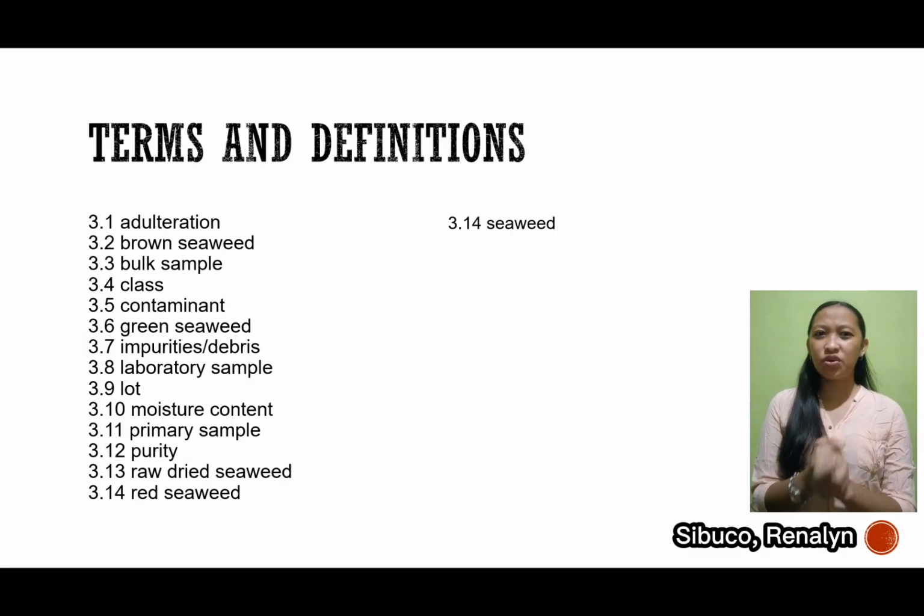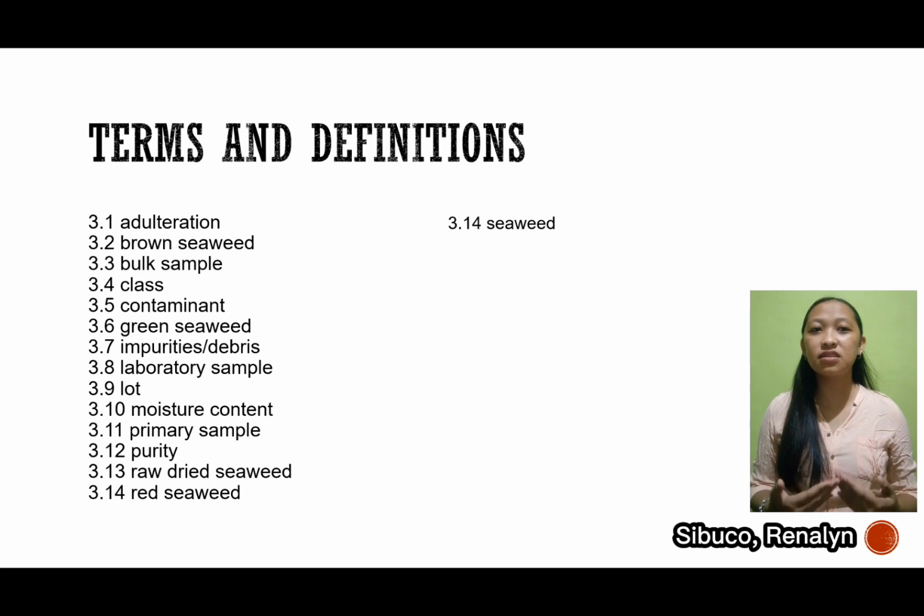Definition of terms, we have the adulteration, brown seaweed, bulk sample, class, contaminant, green seaweed. For adulteration, intentional act of additions or mixing of any substances that will increase its bulk or weight for unscrupulous economic gain or increase in profit, such as the addition of commercial salt.